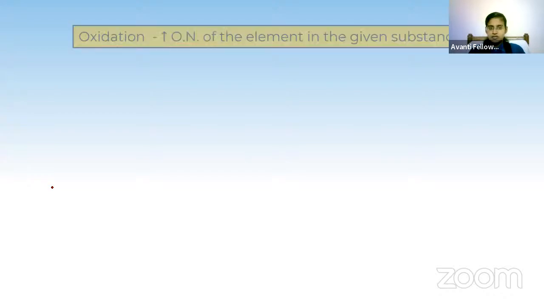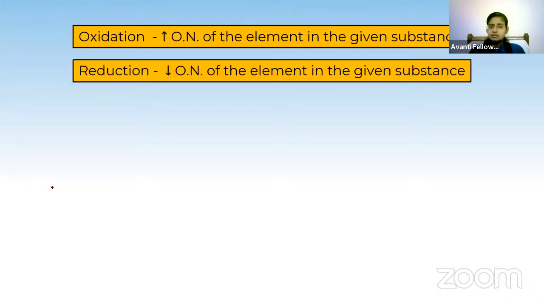Oxidation is an increase in the oxidation number of the element in a given substance, and reduction is a decrease in the oxidation number of the element in the given substance. If the oxidation number of an element increases, it is called oxidation. If it decreases, it is called reduction. I will give you some examples in the next slide.